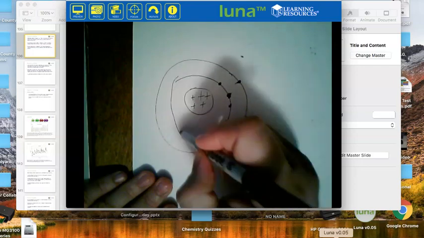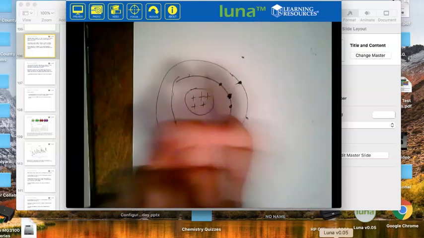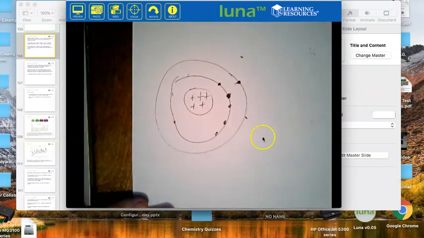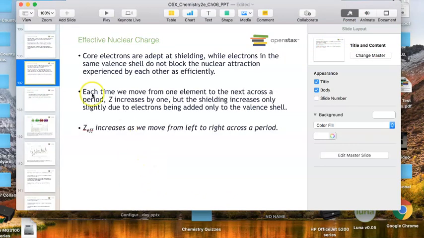They can't feel that effective pull and attraction to the nucleus as well, because you have electron shielding here. So core electrons are adept at shielding, while electrons in the same valence shell do not block the nuclear attraction.